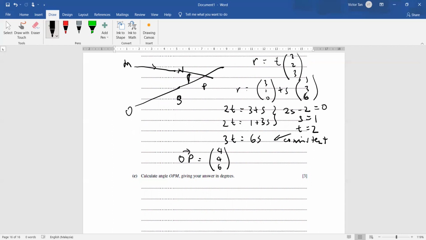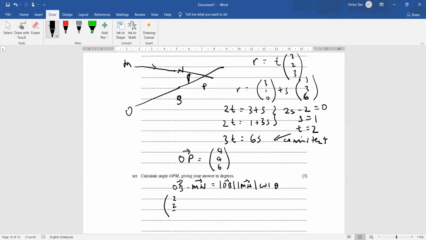So what I'm going to do is a dot product of OP and PM, or OB and MN also can. OB dot MN equals magnitude of OB times magnitude of MN times cos of the angle. Okay.